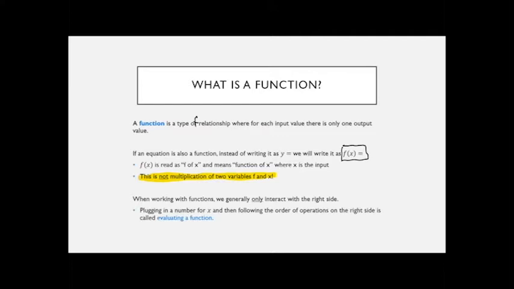So when we're working with functions, we're basically only working with the right side, and we're evaluating most of the time or simplifying. When you plug in a number and then you follow the order of operations on the right, that's what we call evaluating a function. So that's what you're going to be doing a lot with functions, is just plugging in numbers and then following the order of operations. And when we do this, we just plug in the number on both sides, and then anything that you do after that is on the right.